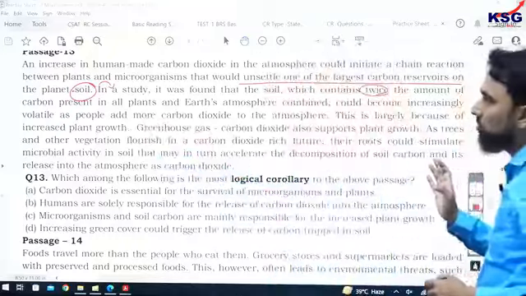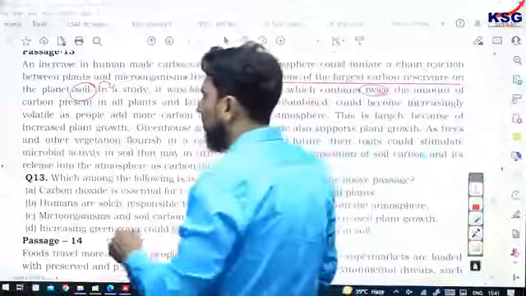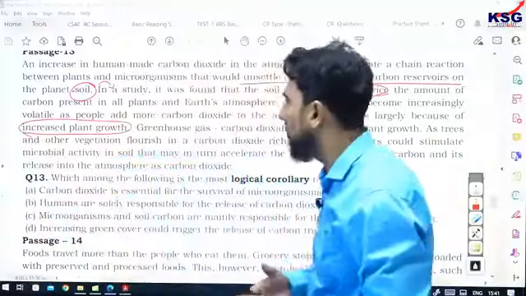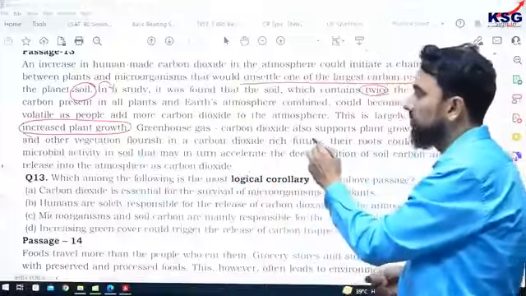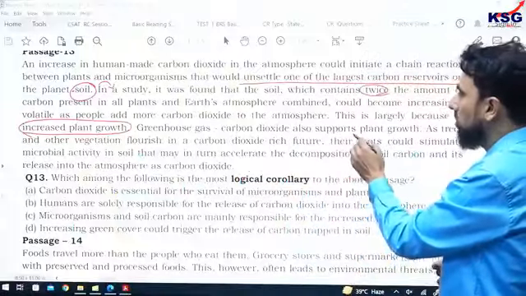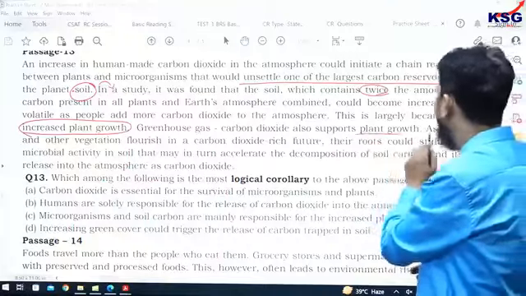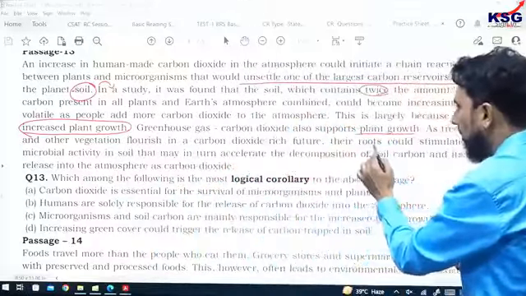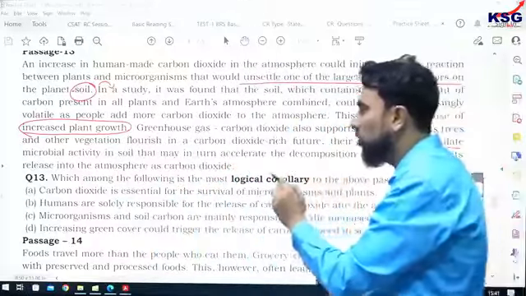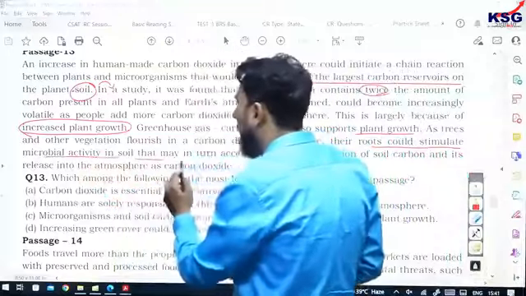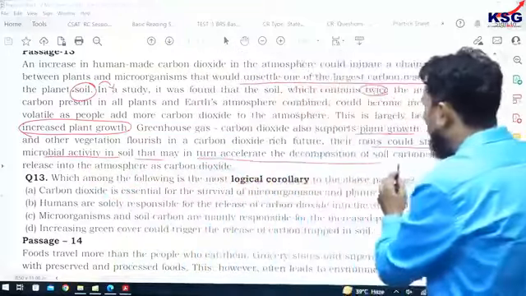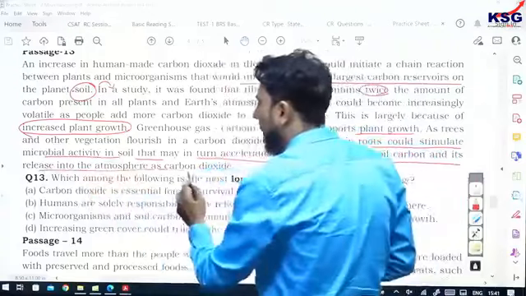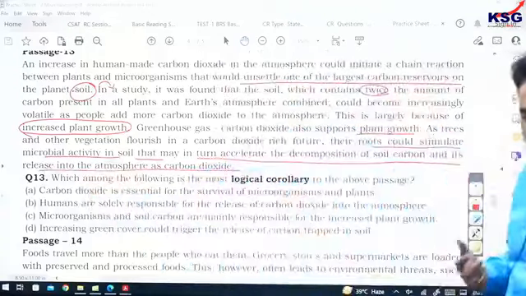This is largely because of the increased plant growth. Okay, increased plant growth can also destabilize it. Greenhouse gases, plant growth, greenhouse gas, carbon dioxide also supports plant growth. So as trees and other vegetation flourish in a carbon dioxide rich future, their roots could stimulate microbial activity in soil that may in turn accelerate the decomposition of soil carbon and its release into the atmosphere as carbon dioxide.